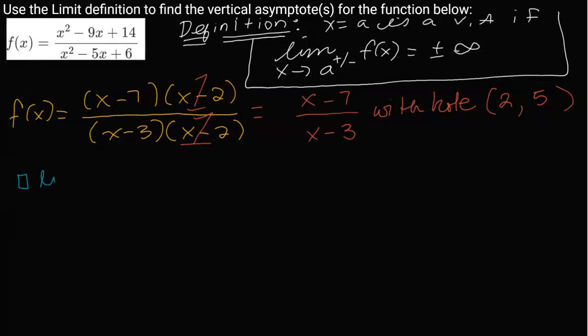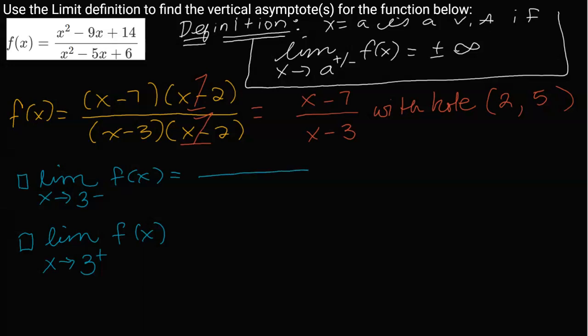The limit as x goes to 3 from the left of f of x, and then we are looking at the limit as x goes to 3 from the right of f of x. So when x is approaching 3 from the left, we will have a number that is less than 3. A number that is less than 3, minus 3, is going to give us a negative small number.